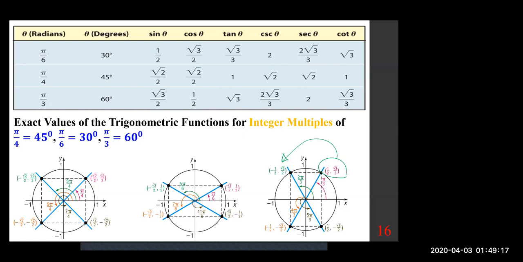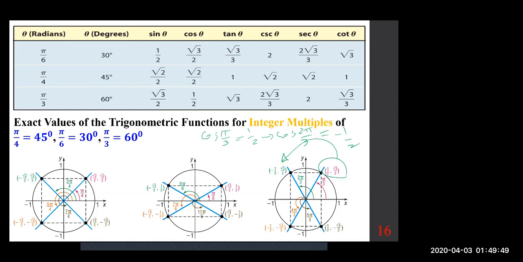So if cosine of pi over 3 is 1/2, then right away cosine of 2 pi over 3 has the same value. All you have to do is figure out the sign. In the second quadrant, it becomes negative.